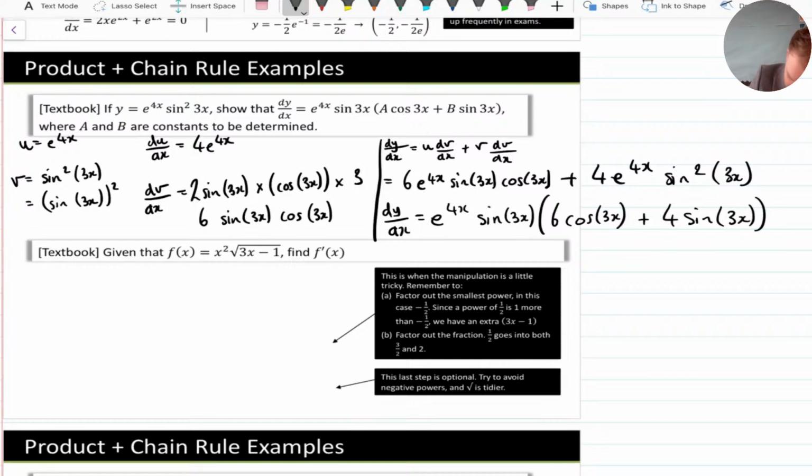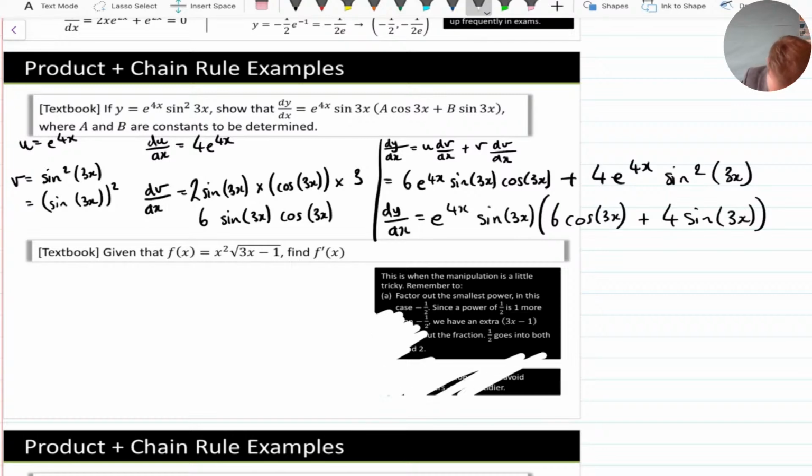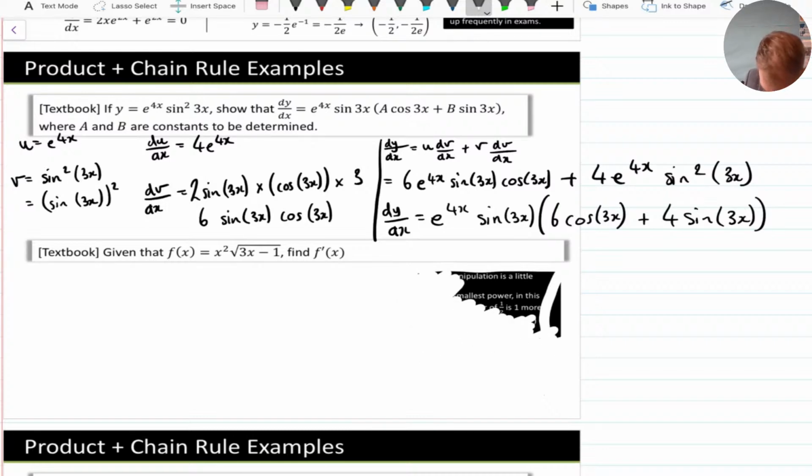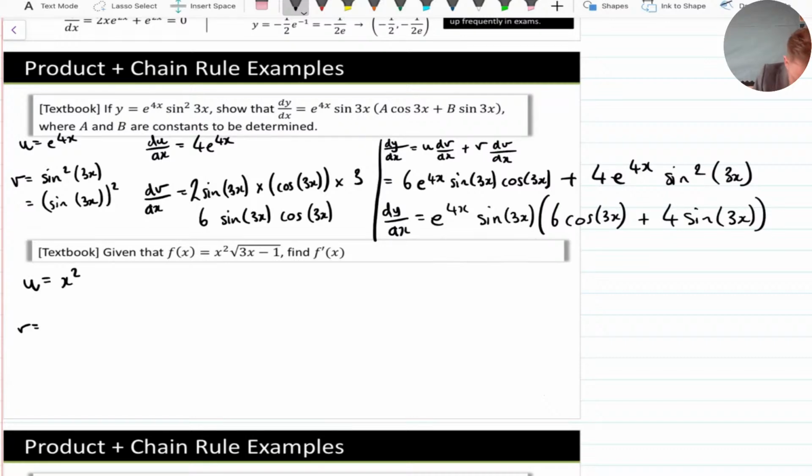This next one here, let's give myself a bit of room there. So we've got here u, which is x squared, v, which is equal to, now I'm going to write it as 3x minus 1 all to the power of a half.